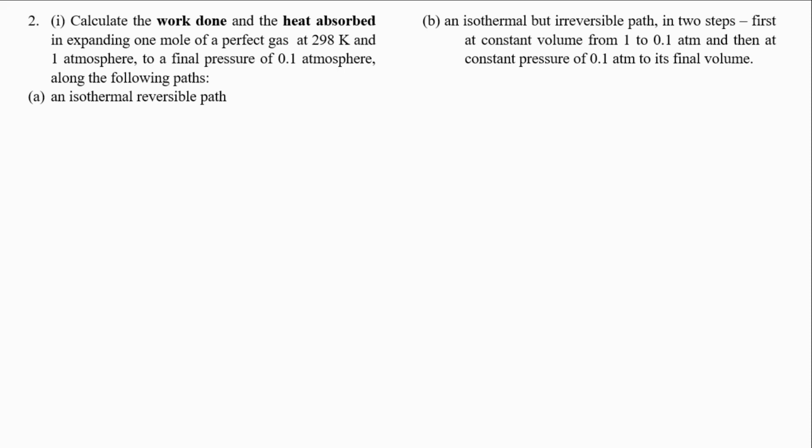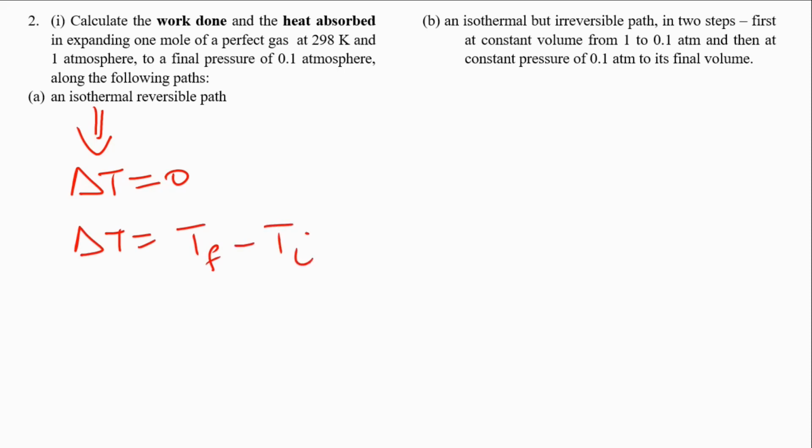Isothermal, firstly: iso means the same, thermal is temperature, so constant temperature. Isothermal means that delta T is equal to 0. Just to break down the question some more. Remember that delta T is equal to T final minus T initial.